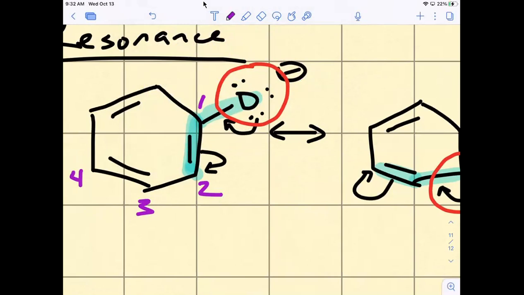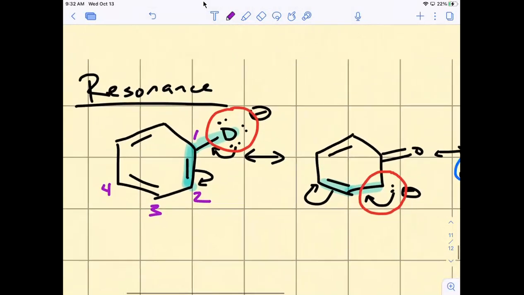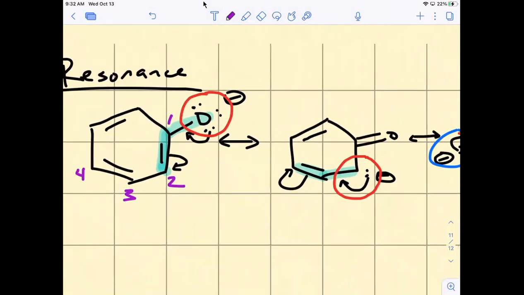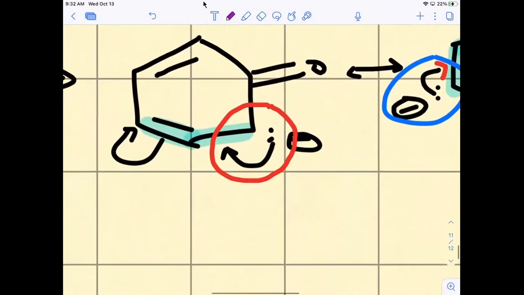All right, so for a mono-substituted benzene ring, that second position right here, this is 1, 2, 3, and 4. We call that second position the ortho position, only if the ring is mono-substituted and we're getting ready to add something else to it to make it di-substituted.